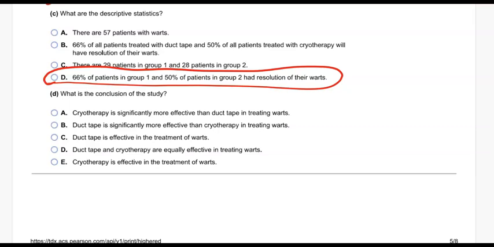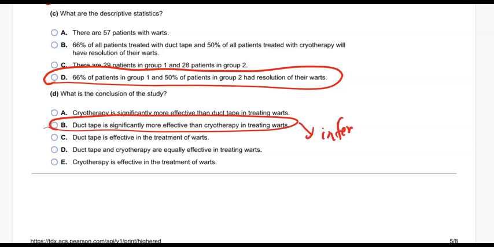That's going to be B. This is the conclusion, which is called inferential statistics. Inferential statistics gives the conclusion.